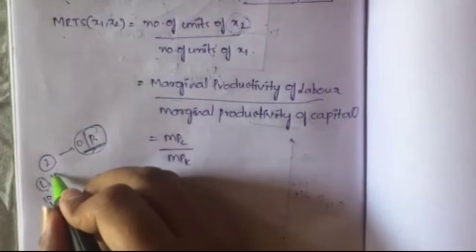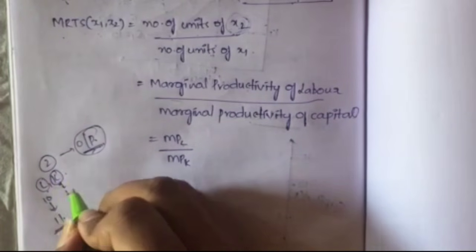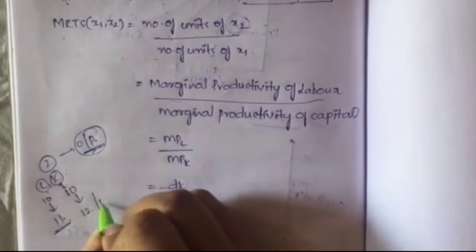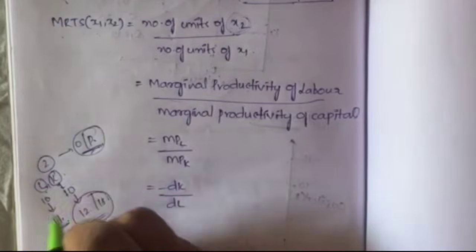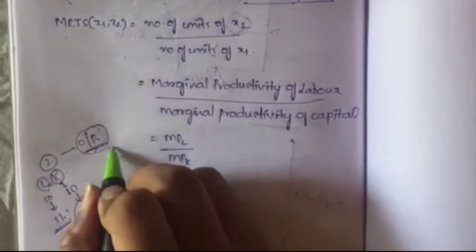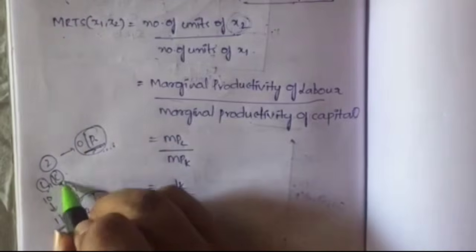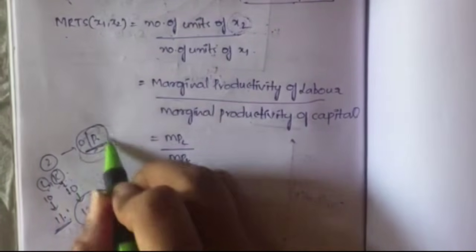The same happens with capital. When you increase capital from 10 units to 12 or 13 units, or when you increase labor, how does the output change? That means when you change one input factor, how much change is influenced on the output.